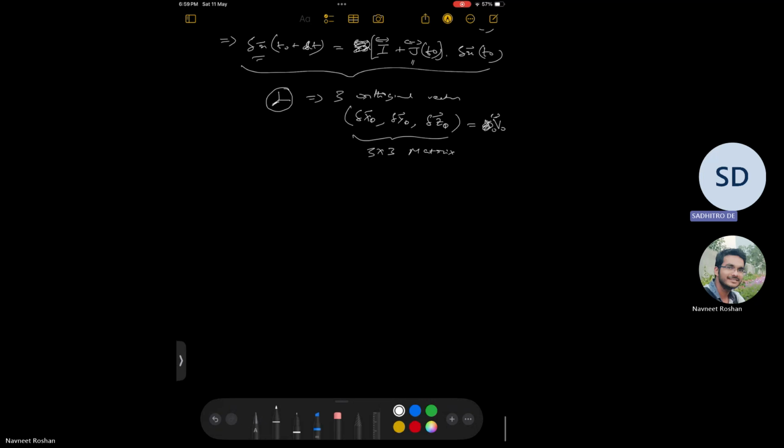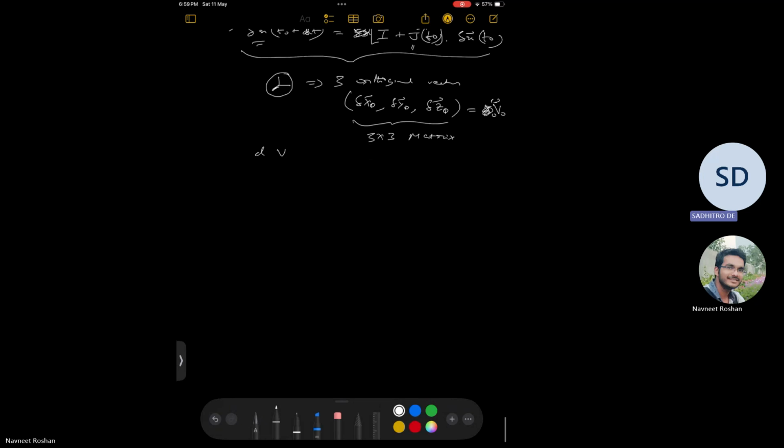So then you have to solve the evolution equation of this matrix V. This is nothing but the matrix A dot with the matrix V at time t.